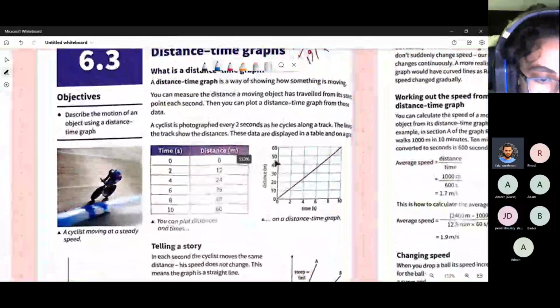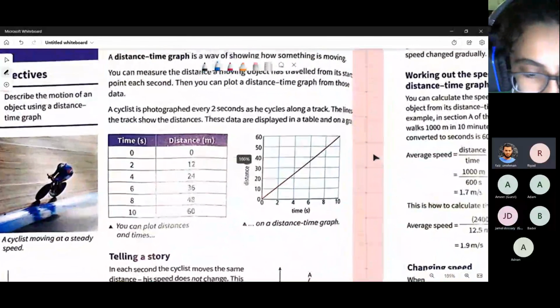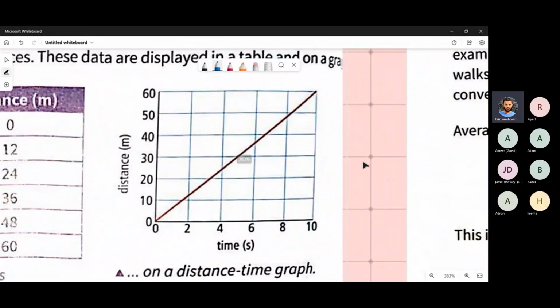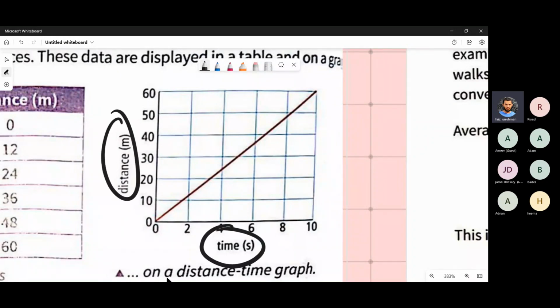Graphs in mathematics we have already done many times. Let me ask you, last term. Now this is a graph that is dealing with distance and time.